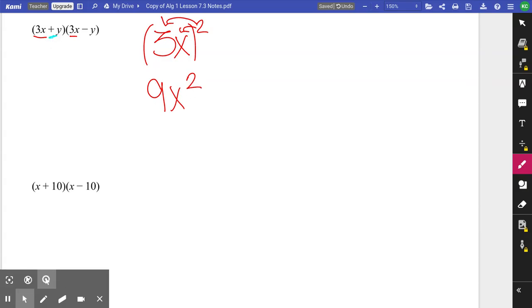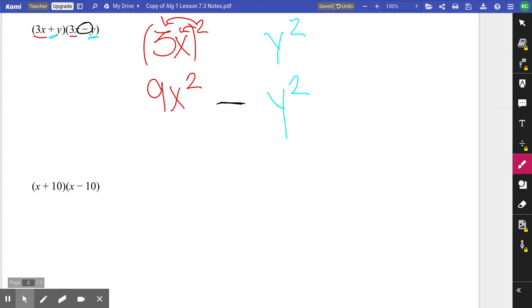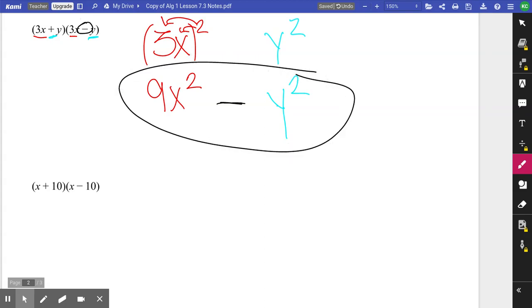And then we're going to take our b's and square them. So I'm going to have y squared, which is just going to stay y squared. And then I'll always have a minus sign in the middle because I only have one minus sign in my problem. One minus sign, one negative sign always gives me another minus sign. Okay, so I have 9x squared minus y squared.